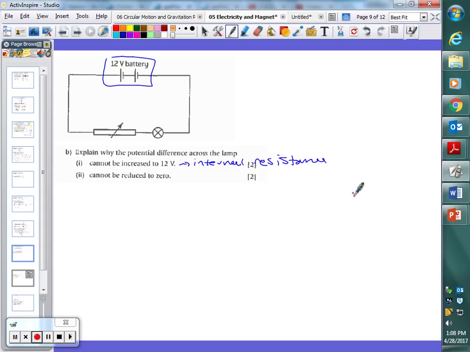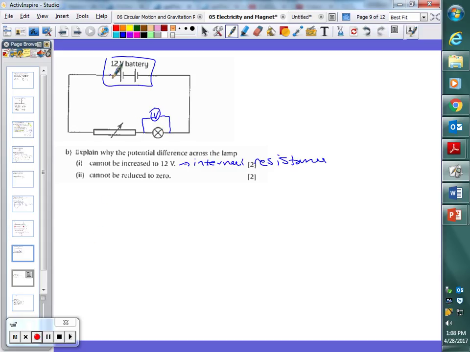The battery increases the electrical potential energy of charges, then releases those charges into the circuit. If this is a 12-volt battery, ideally, if we measured the potential difference across the lamp, it would be 12 volts, because the charges would gain 12 volts of energy going through the battery, then turn that energy into light here.